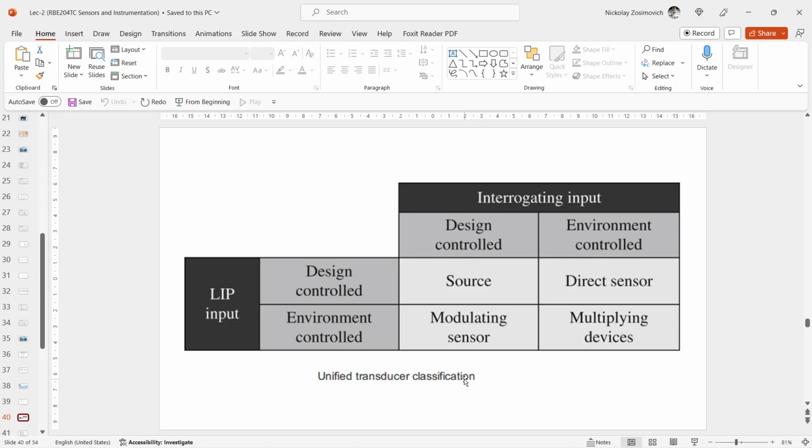It is important to know that any practical transducer shows all four types of responses. A strain gauge, a modulating transducer, produces, when interrogated, an output voltage related to the strain-induced change in resistance.